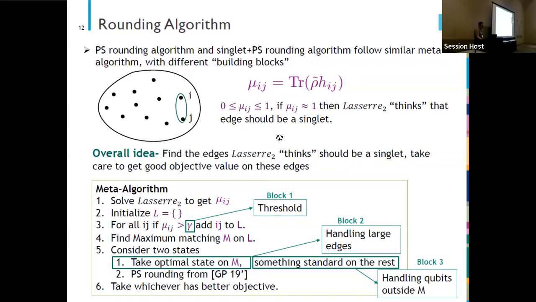So this overall strategy is to take that advice into account and put singlets, or something as close as possible to singlets, on the edges that Lasserre thinks should be singlets. So the formal thing is you construct this set L, you set some threshold, and you put all of the edges above that fixed threshold into L. L is a subgraph of the overall graph, so you find a maximum matching on it.